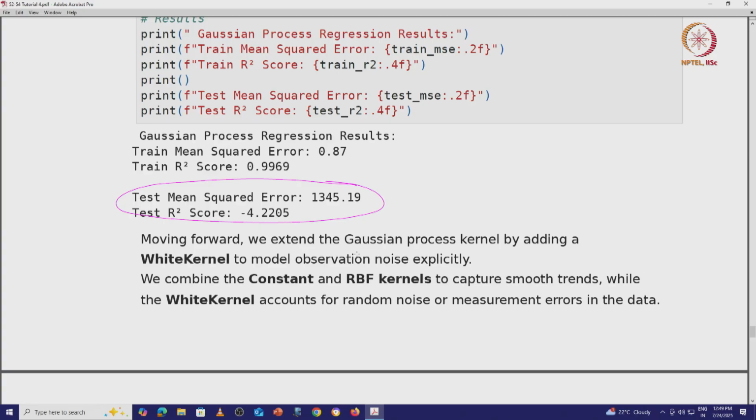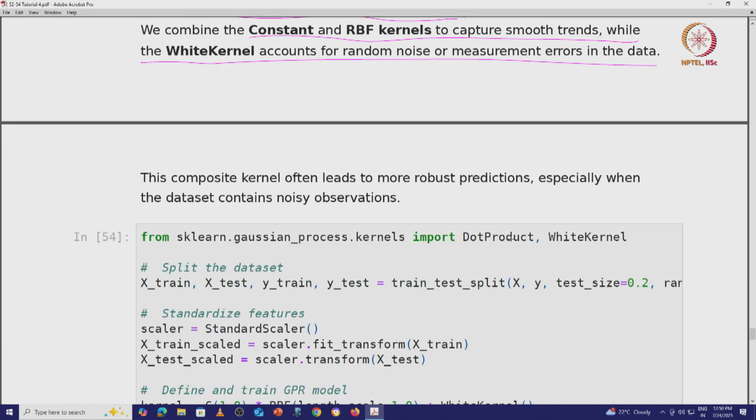So to fix this we extend the Gaussian process kernel by adding a white kernel to model any observational noise explicitly, right. So there can be noise in the data, and this is especially true in engineering settings. So to account for that noise in the data itself, we combine the constant and the RBF kernels and add the white kernel to account for random noise or measurement errors in the data, right.